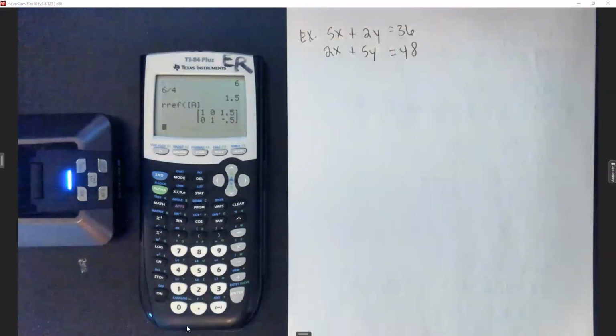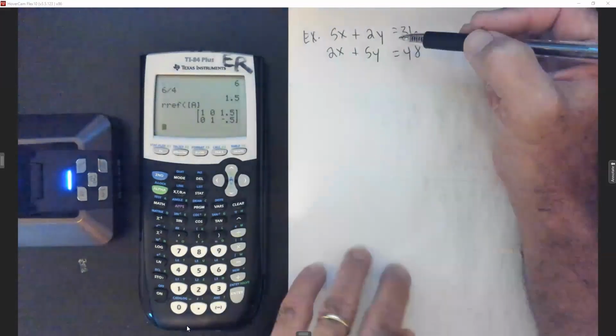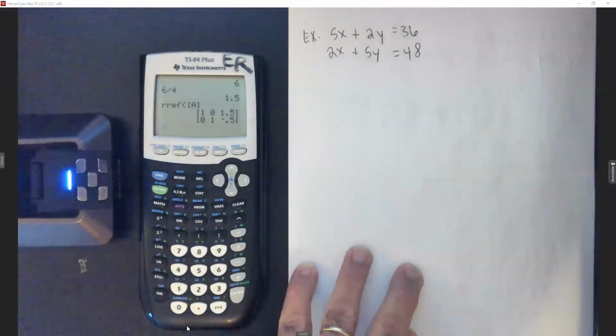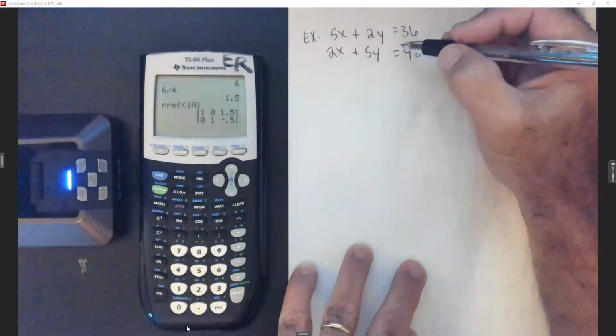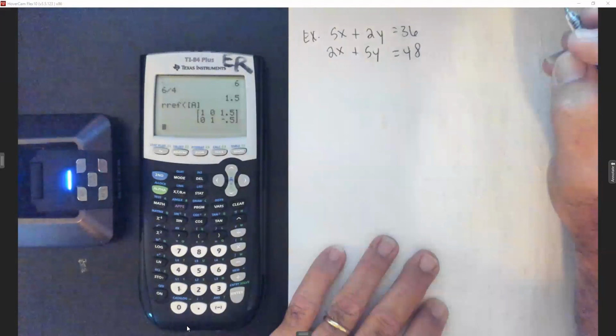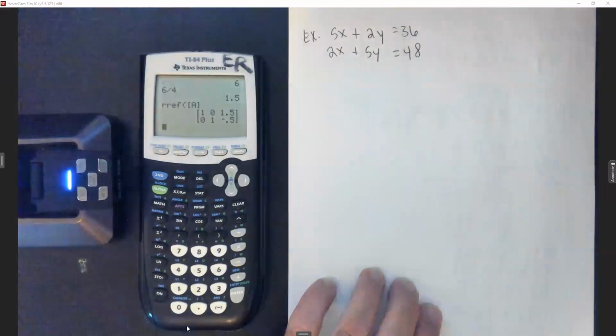So look at it. Both of these got 2's and 5's. So it doesn't matter which variable I try to get rid of. It's going to be a little tedious because I'm going to have to change, it looks like 2 rows on this, okay? So, x's or y's, it doesn't matter to me on this one.